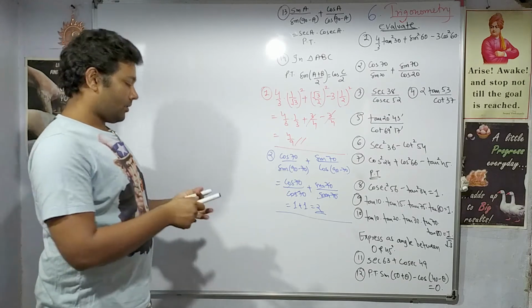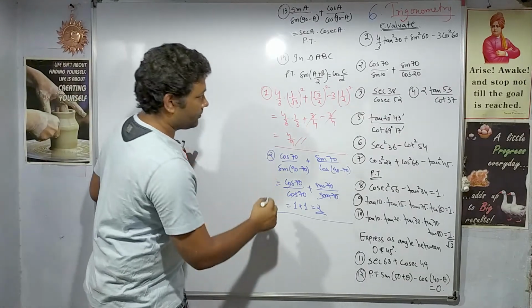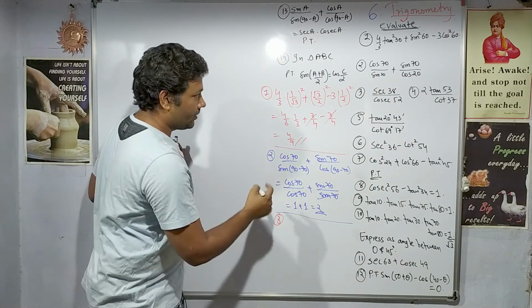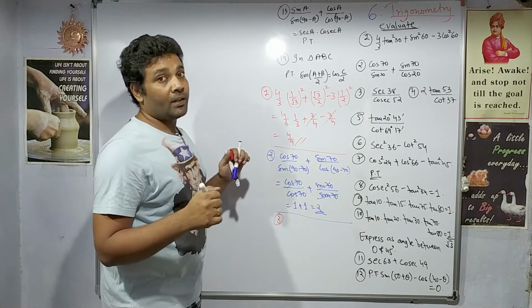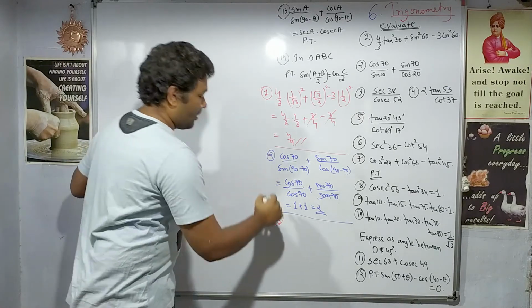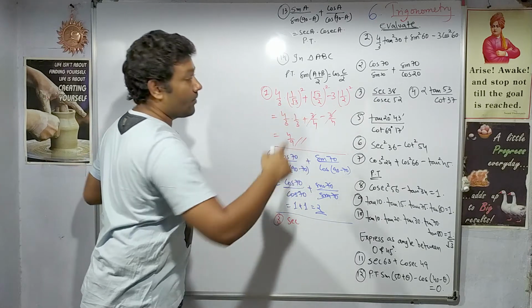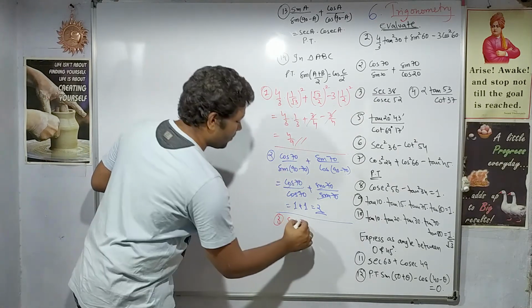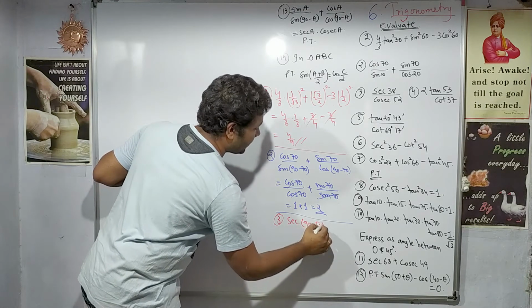Easy, very easy. Then the third one, again a simple application of complementary angles, either in numerator or in denominator. Let's use it in the numerator this time. What will be the complementary of 38? 90 minus 52 will give me 38.